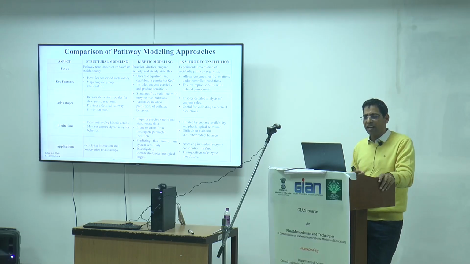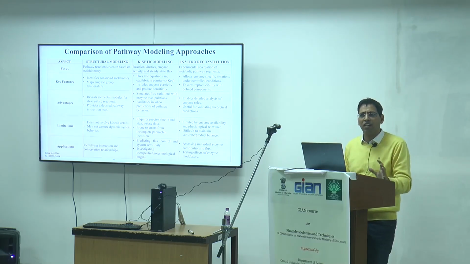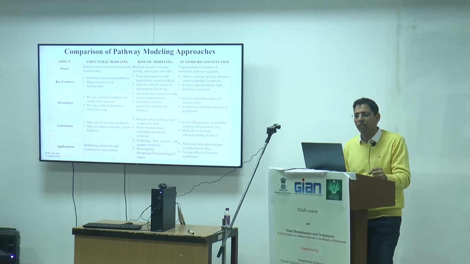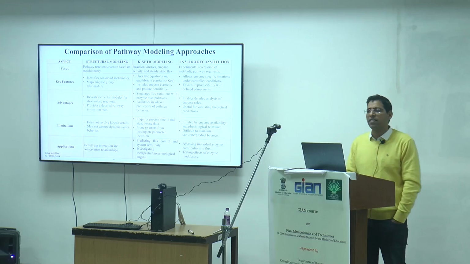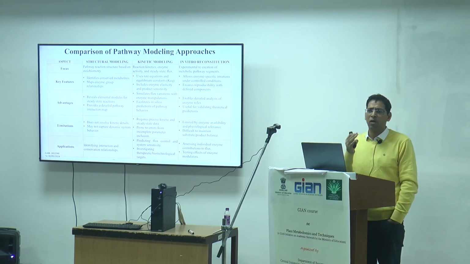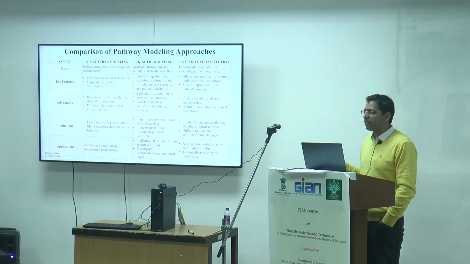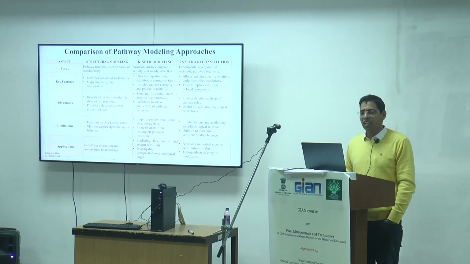The application is that you can understand the interactions and relationships between the different metabolites in a particular biosynthetic pathway. Now I am coming to the second point, kinetic modeling, because structure modeling is not giving enough information about the kinetics. So kinetic modeling is about the reaction kinetics.